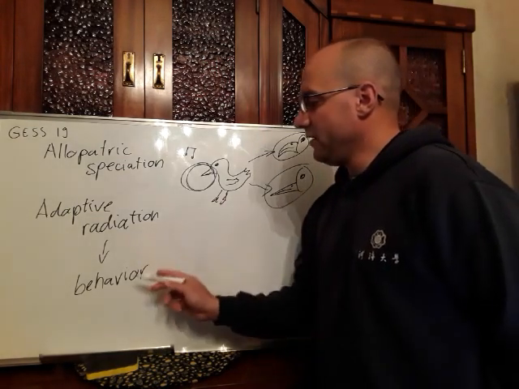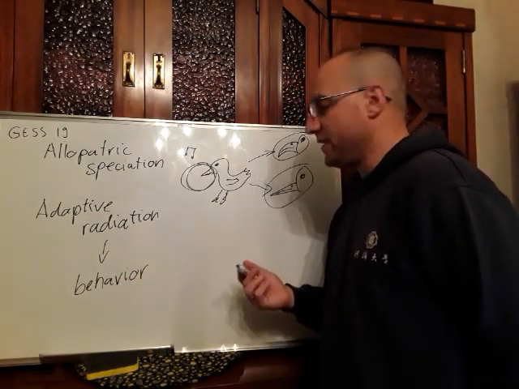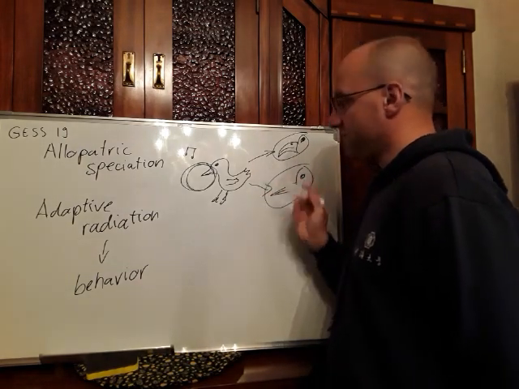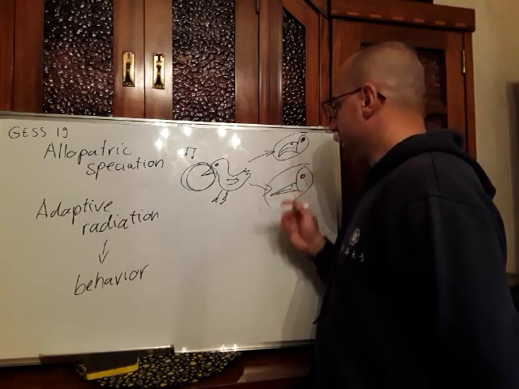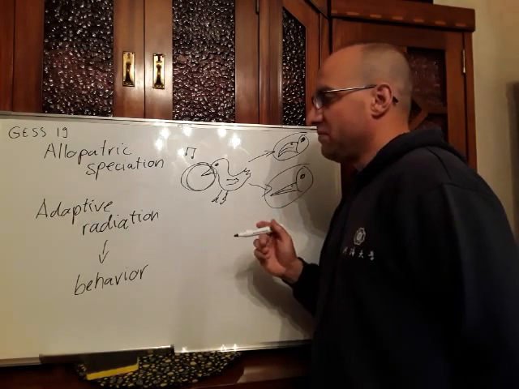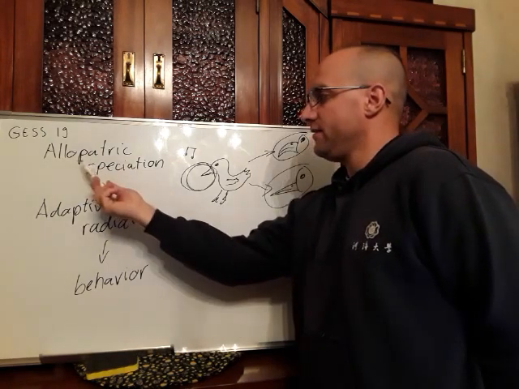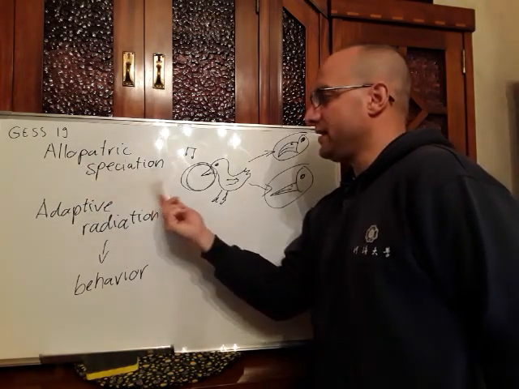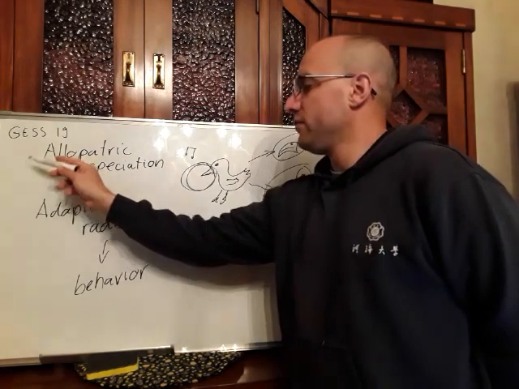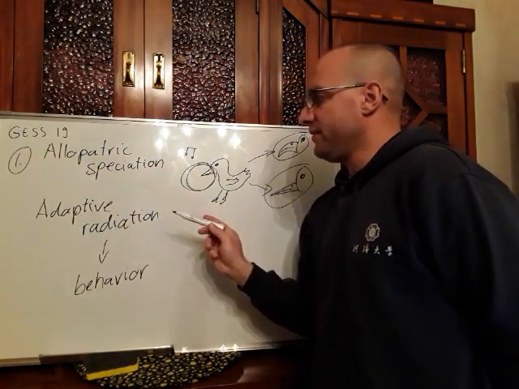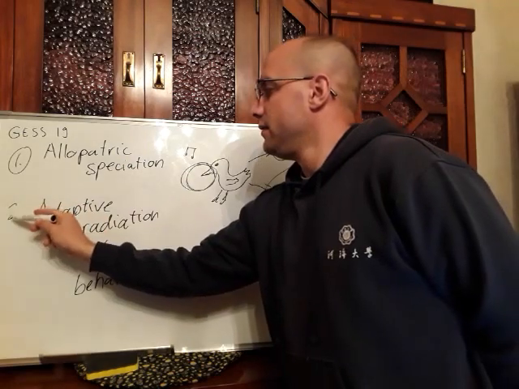So that is again about the behavior of the animals, how they further develop these possible differences that would be simply originally a result of the allopatric speciation. So that's why we can say allopatric speciation is a first step in the development of species.